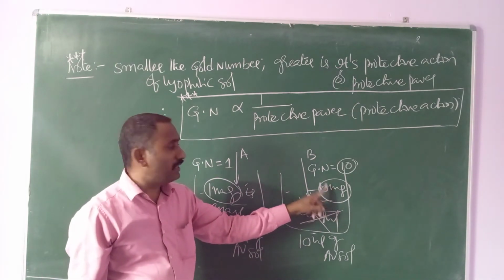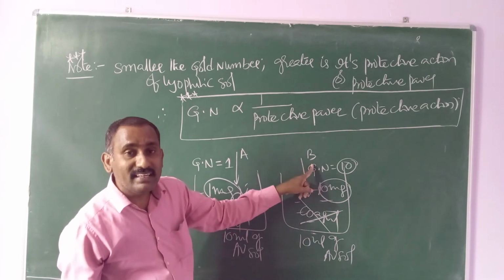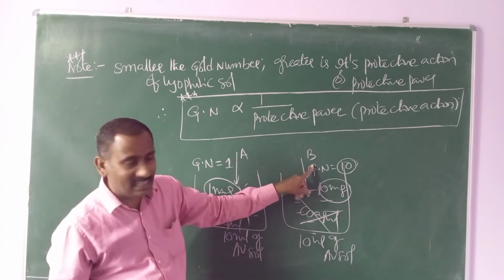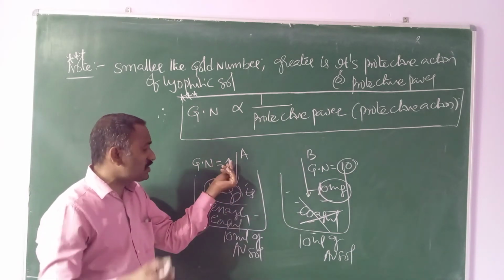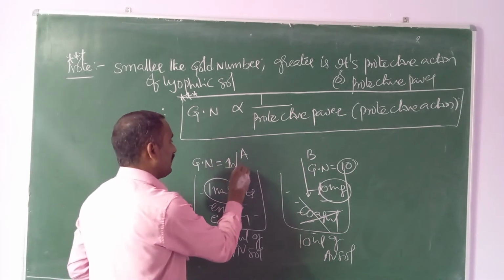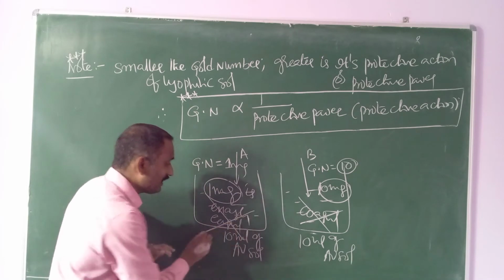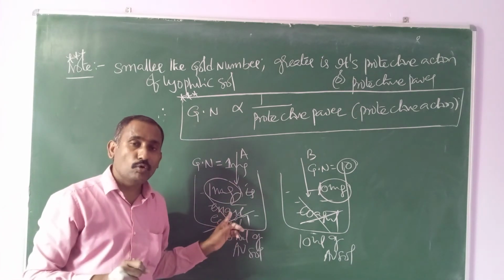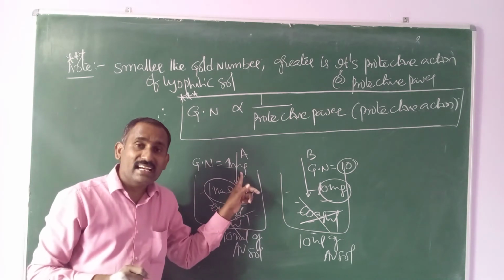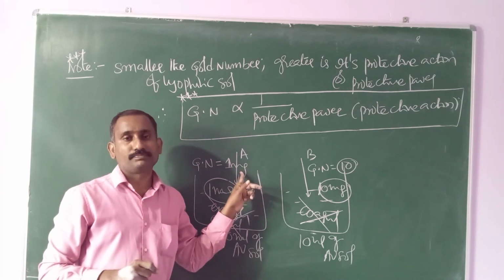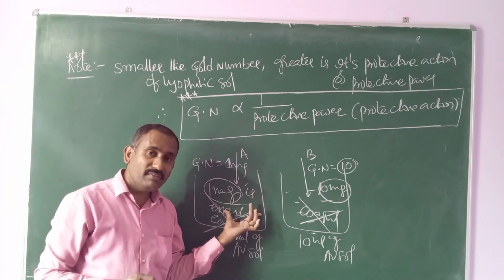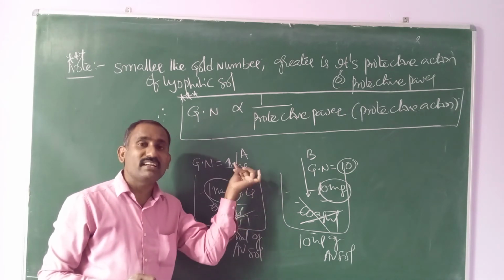Whenever you are adding more amount, its protecting power is less. Here, just by the addition of 1 milligram, coagulation is prevented, which means the power is more.